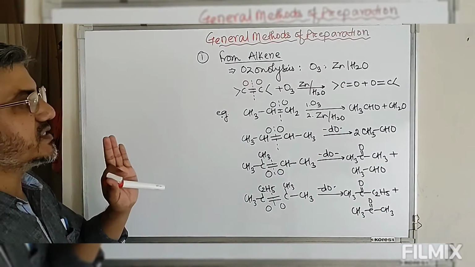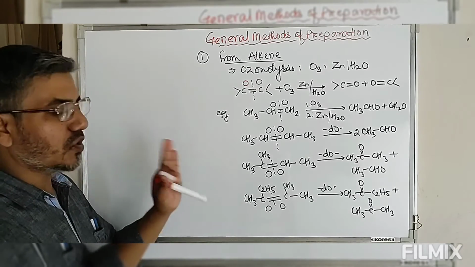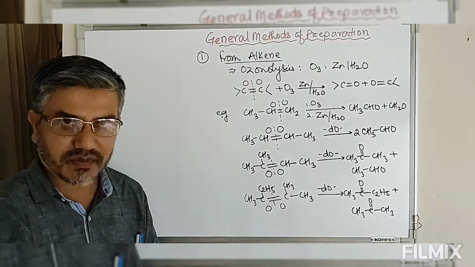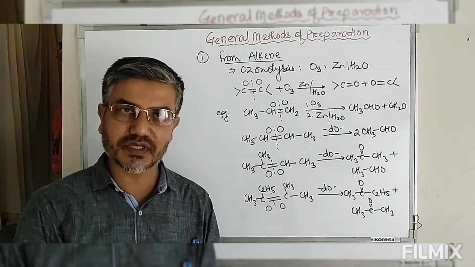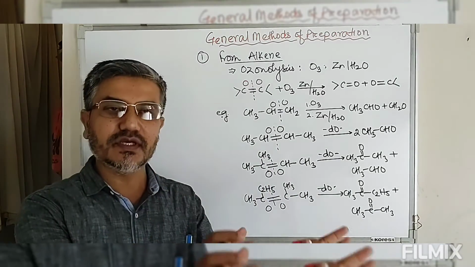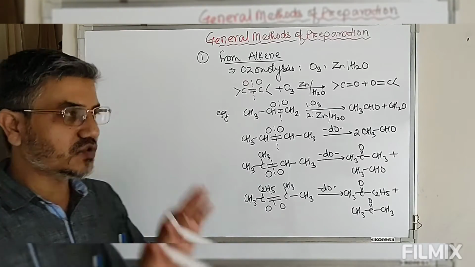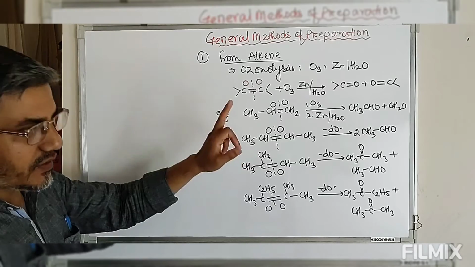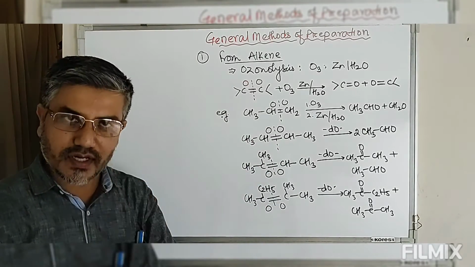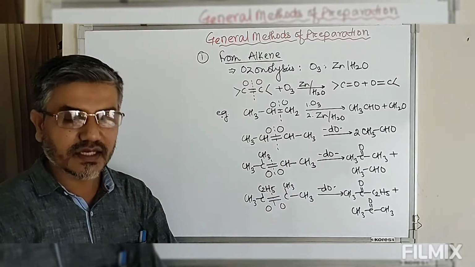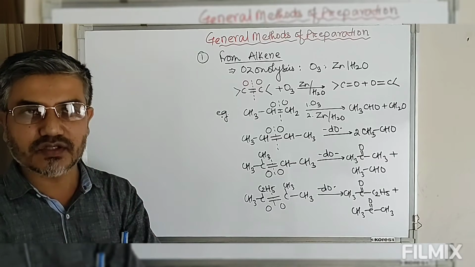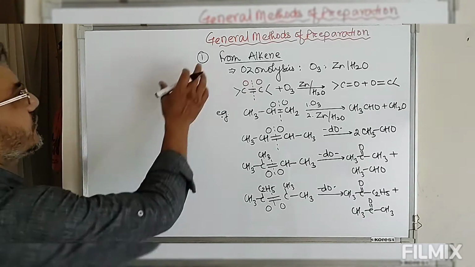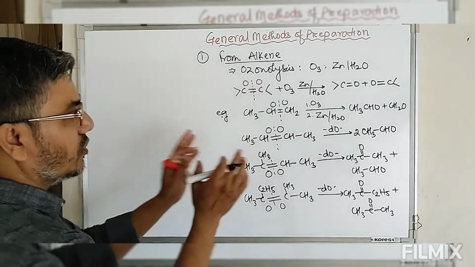So we simply say alkenes on ozonolysis give you aldehydes and ketones. Both the products may be aldehydes, both may be ketones, or one may be a ketone and the other an aldehyde. This all depends on the substitution on the doubly bonded carbon. If the doubly bonded carbon has one hydrogen, the product will be an aldehyde. If it does not have any hydrogen, the product will be a ketone. So this is the preparation from alkenes by ozonolysis.